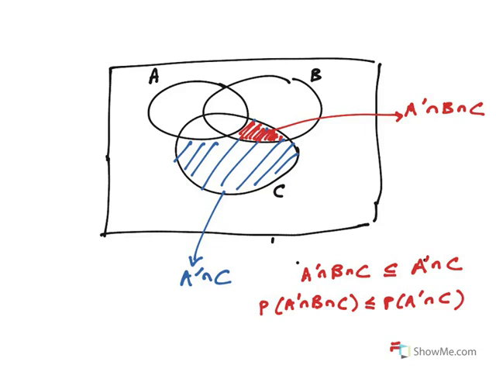This is where you use the hence part. The hence part tells you that in part 4, the probability of A prime intersect C, as you have found, is 0.15. So the probability of A prime intersect B intersect C is less than or equal to 0.15. The hence tells you that you have to use this, and we are done with question 1.